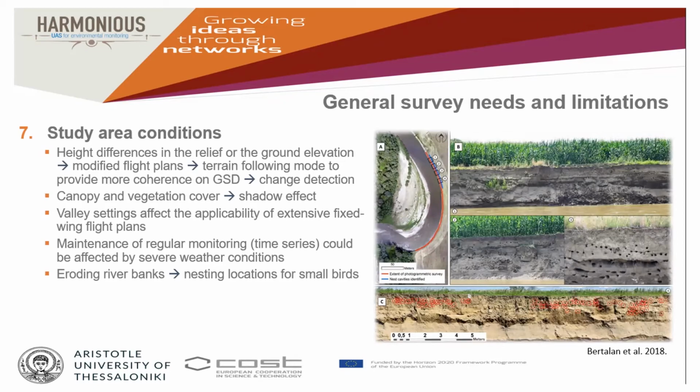And also, if the valley settings are quite narrow, we have to take care about the flights of fixed wings, because they are turning in a too wide angle and can cause unexpected situations. Canopy and vegetation cover for example, collapsing riverbanks can cause shadow effects and so on.